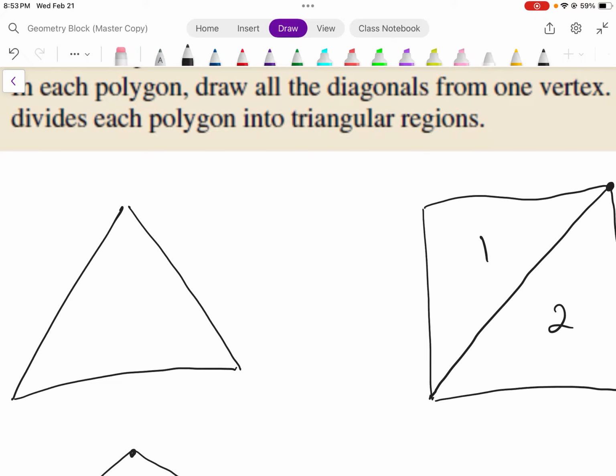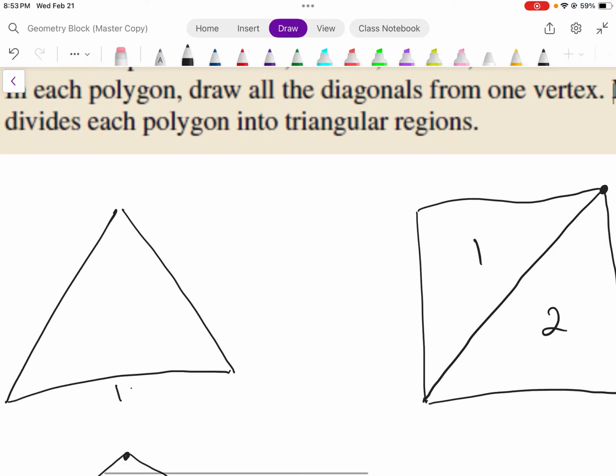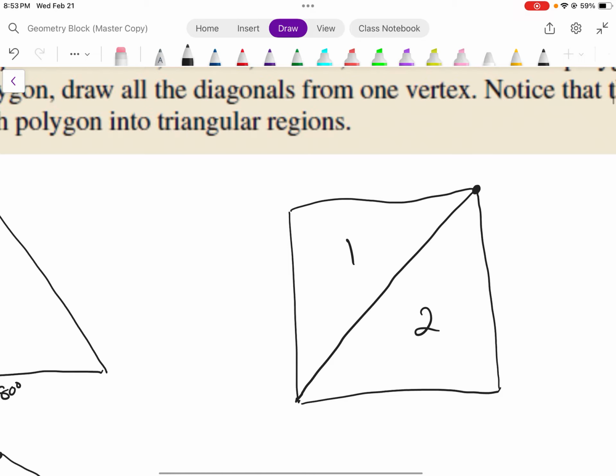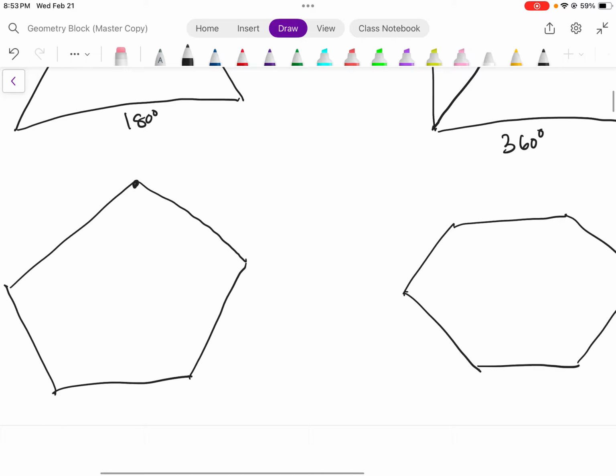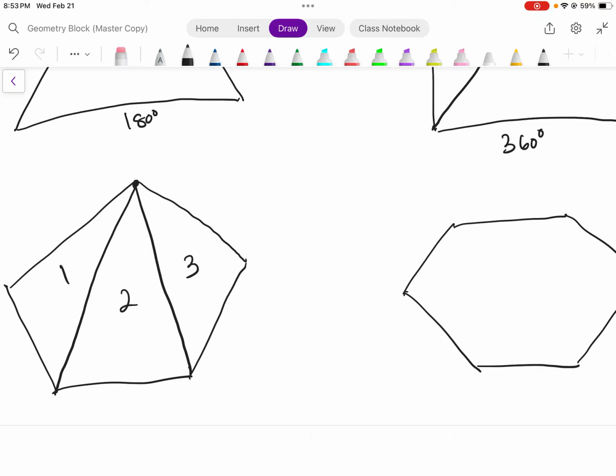Now we know the interior sum of a triangle is 180 degrees. We know that the interior sum of a quadrilateral is 360 degrees. If I go to a pentagon and I do the same idea, go from one vertex, draw diagonals, I can form 3 triangles.